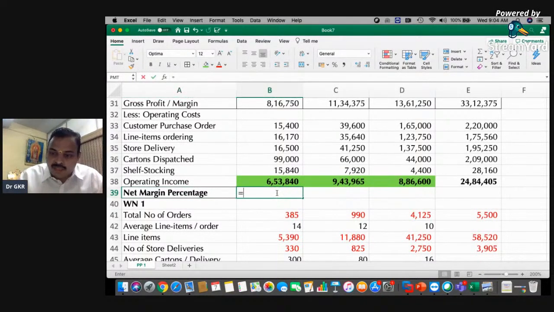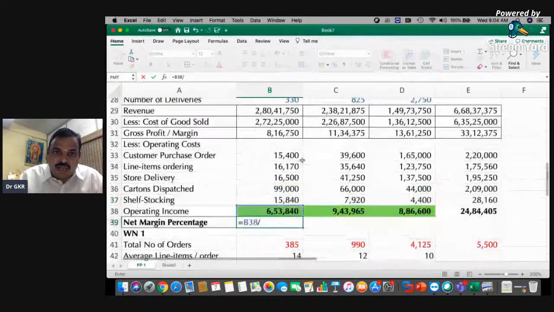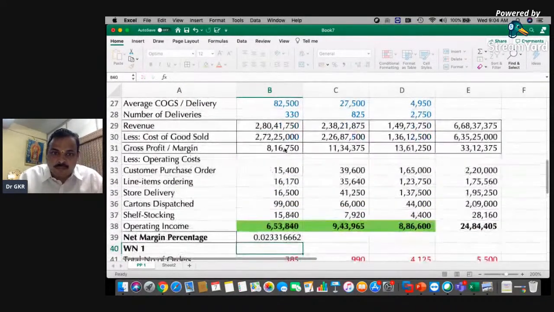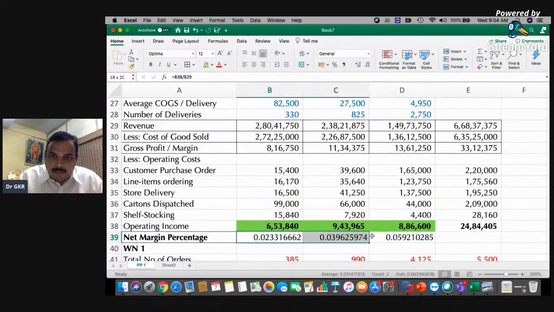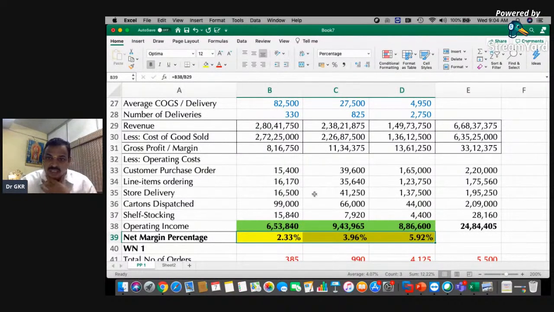Now let us find 6,53,840 divided by your revenue. Wow. So these are your net margin percentages. What is your total net margin? 2.33, 3.96, 5.92.